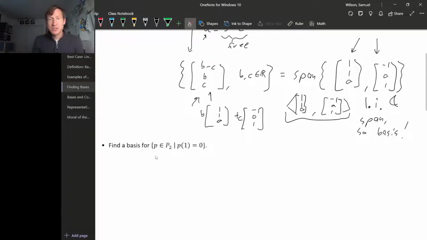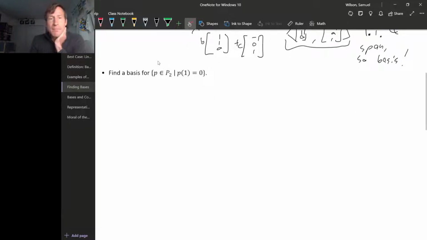For another example, let's look at P2. How about the subspace of P2 that is formed by all of the polynomials that when you plug in 1, you get 0. So all of the polynomials that have 1 as a root. If you don't see that this is a subspace, maybe you could check. All right, so, well, how to describe such a collection of polynomials?